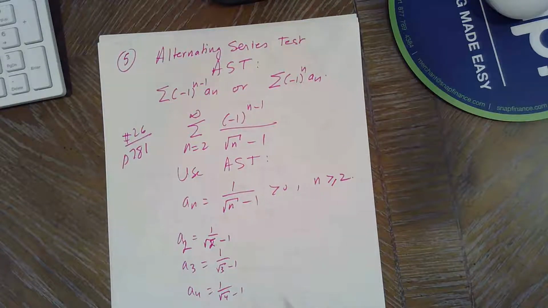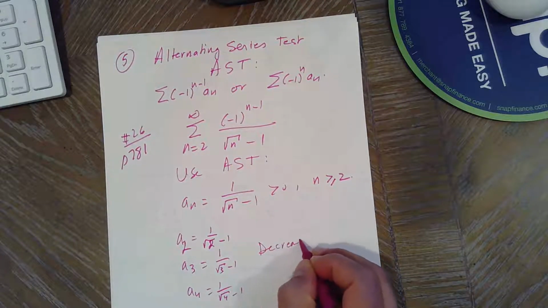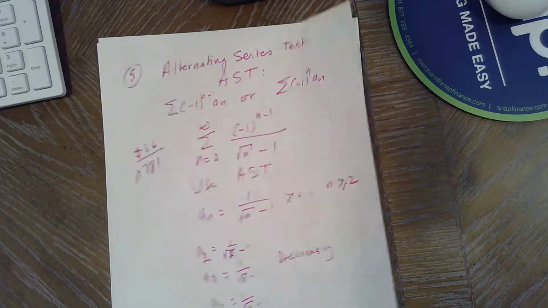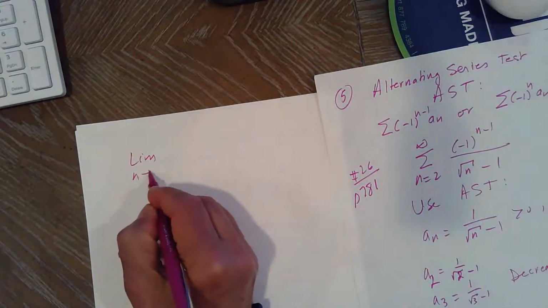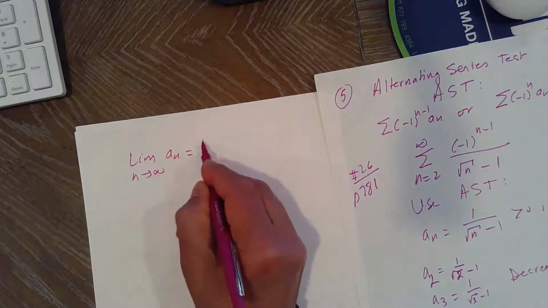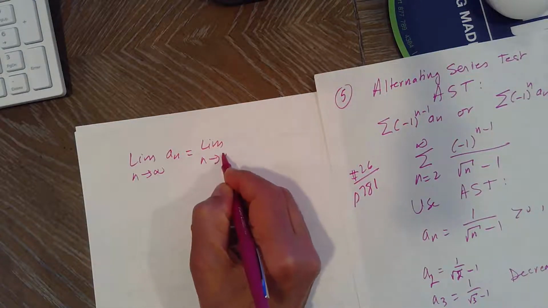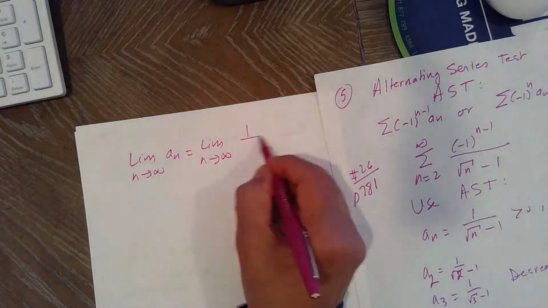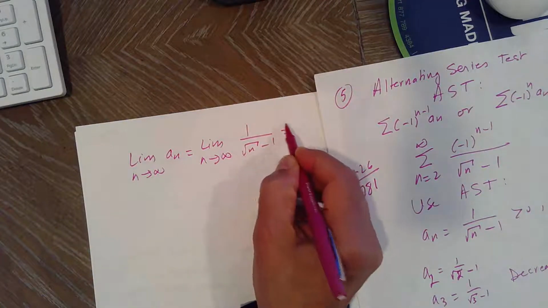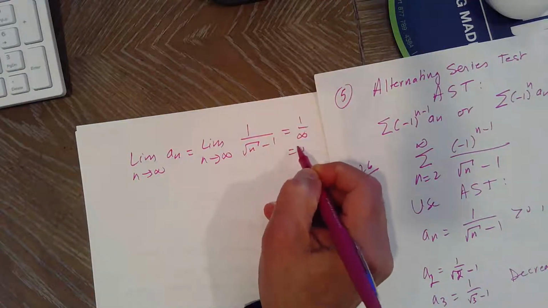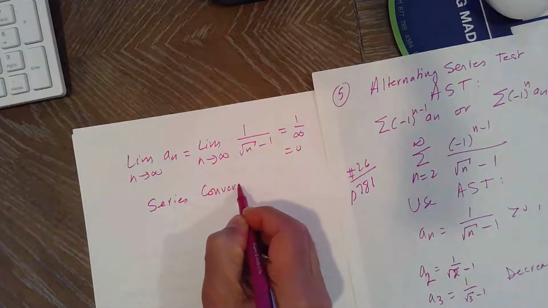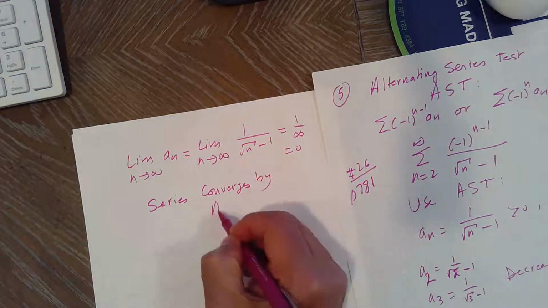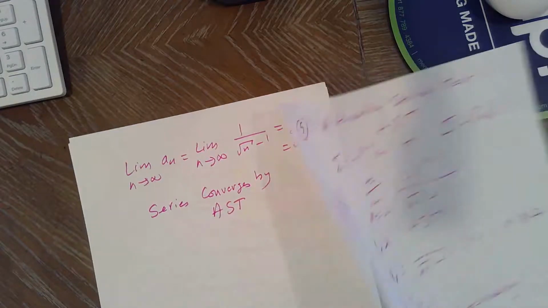So you can see it's decreasing, or we can find the derivative and make sure it's negative. The limit as n goes to infinity of 1 over root n minus 1 is 1 over infinity, which is 0, which means the series converges by the alternating series test.